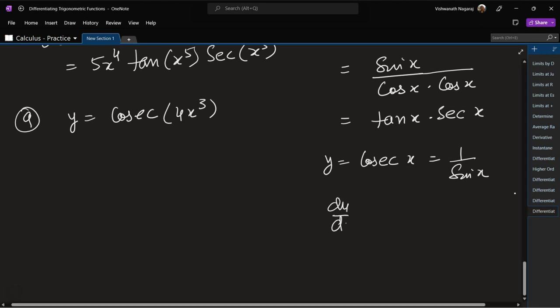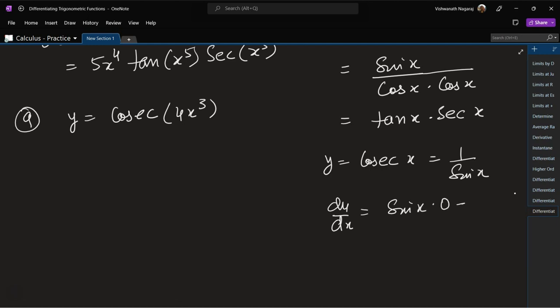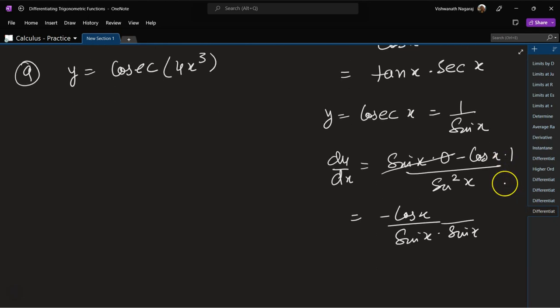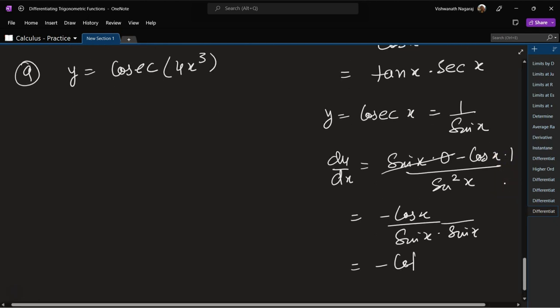So dy by dx of 1 by sine x is sine x as it is, derivative of 1 is 0, minus derivative of sine x is cos x times 1, divided by sine square x, which gives us 0, minus cos x by sine x times sine x, which gives us minus cot x times 1 by sine is cosec x.